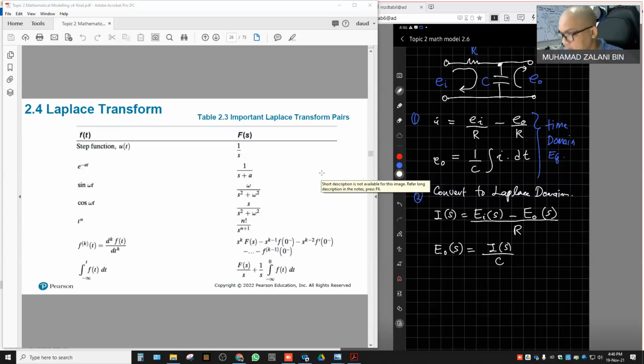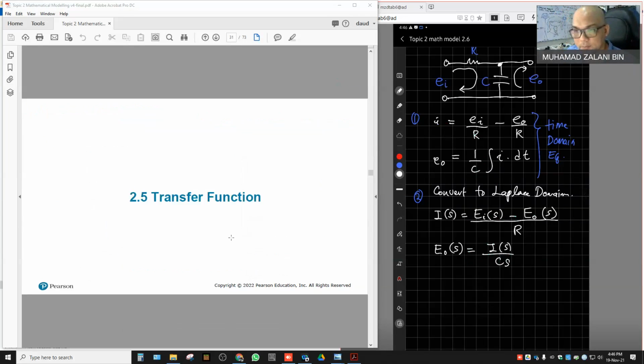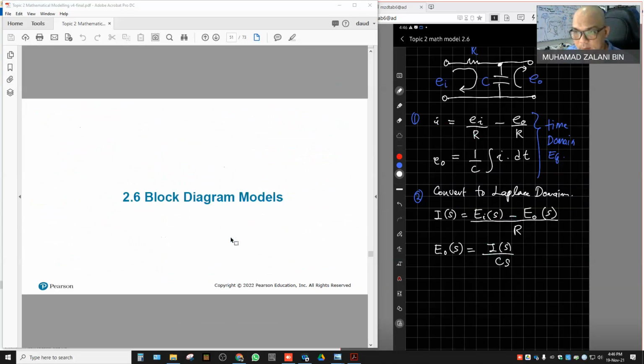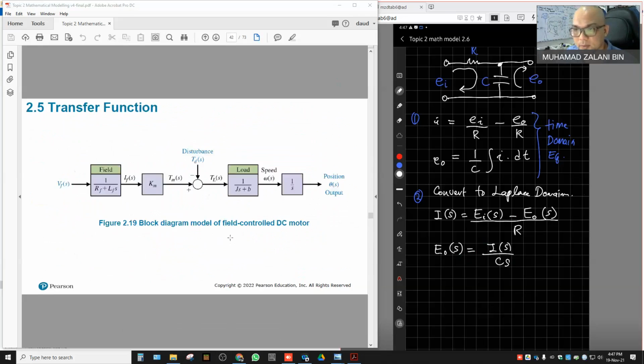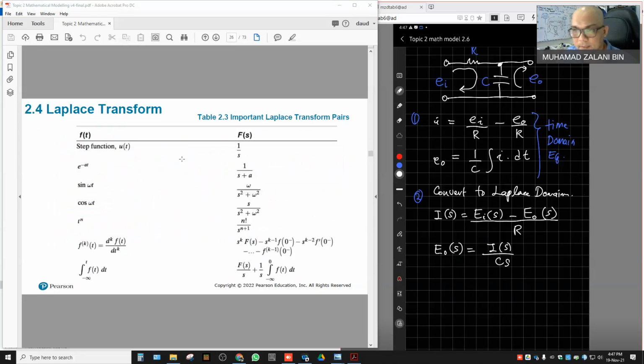A little bit of information is missing here: E naught of S equals I of S over CS, not C, because when we integrate the capacitor component, in the Laplace transform it's 1 over S. Let me show you.